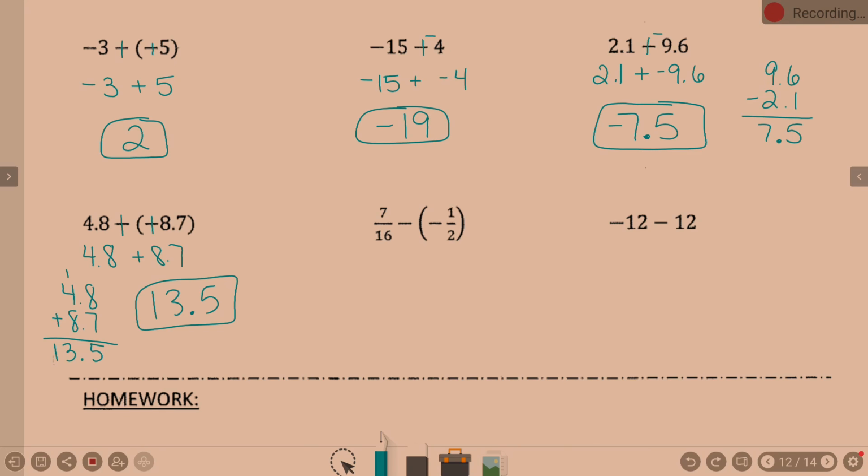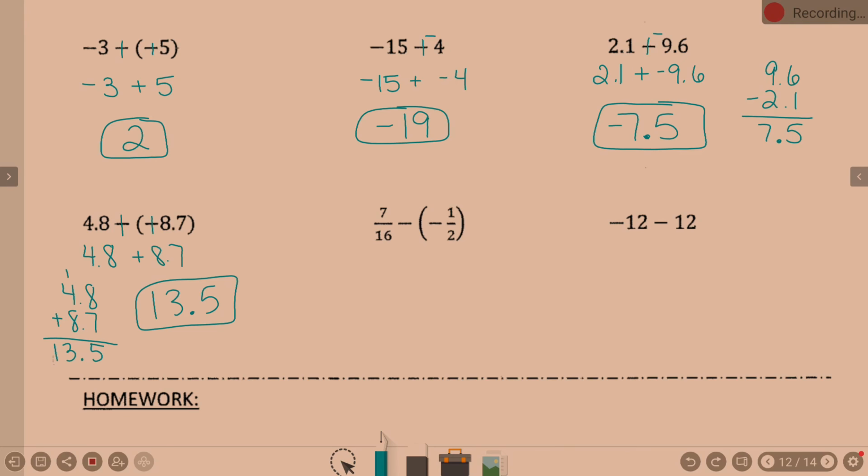Okay. What about those fractions? We need a common denominator. What can 2 and 16 both go into?